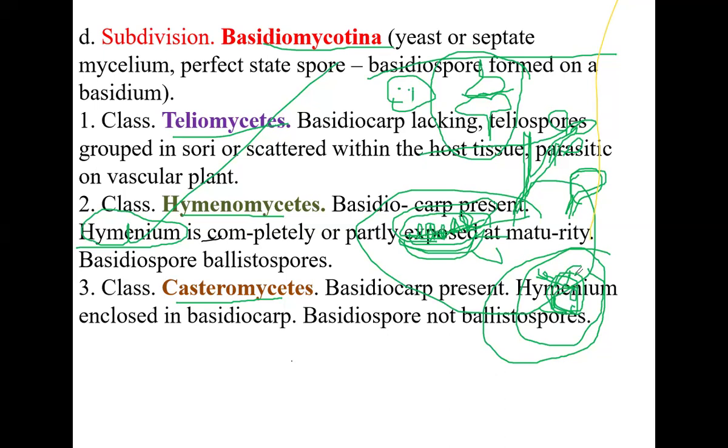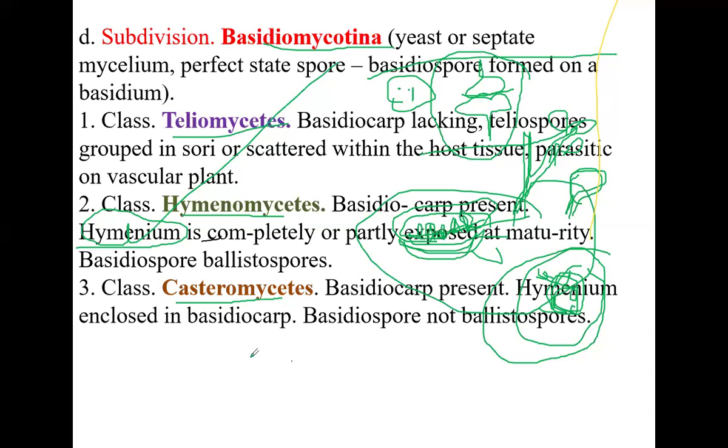You know Buller's phenomenon. That question has also been raised many times. The water drop mechanism of spore dispersal in the basidiomycetes is called the Buller mechanism. Basidiospores are released when water drops touch the basidiocarp. That is the Buller mechanism, asked many times.